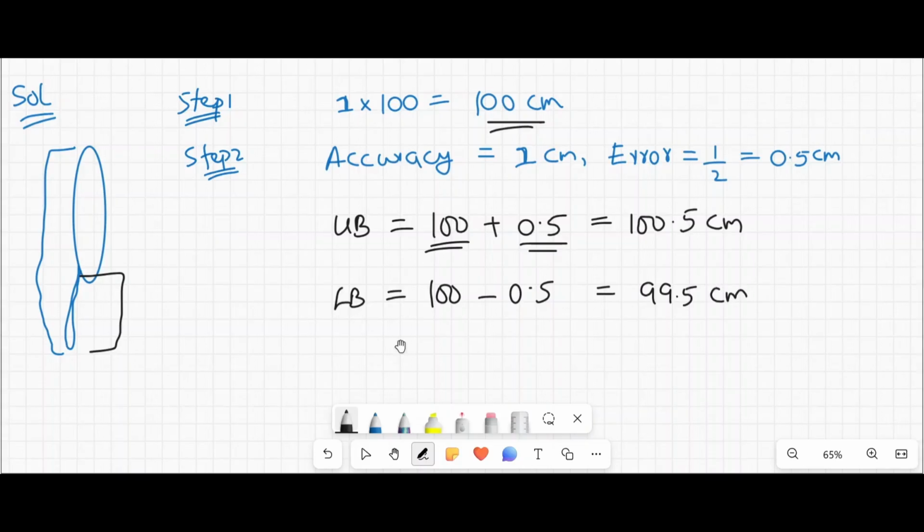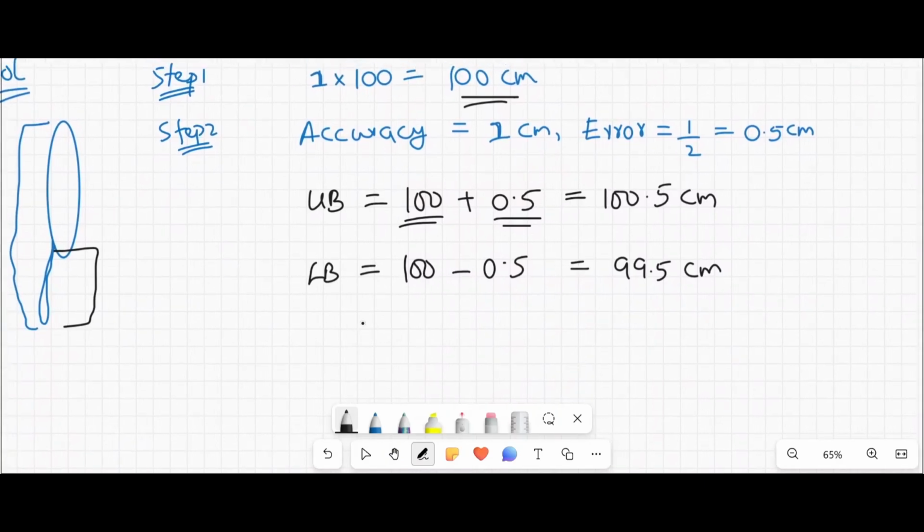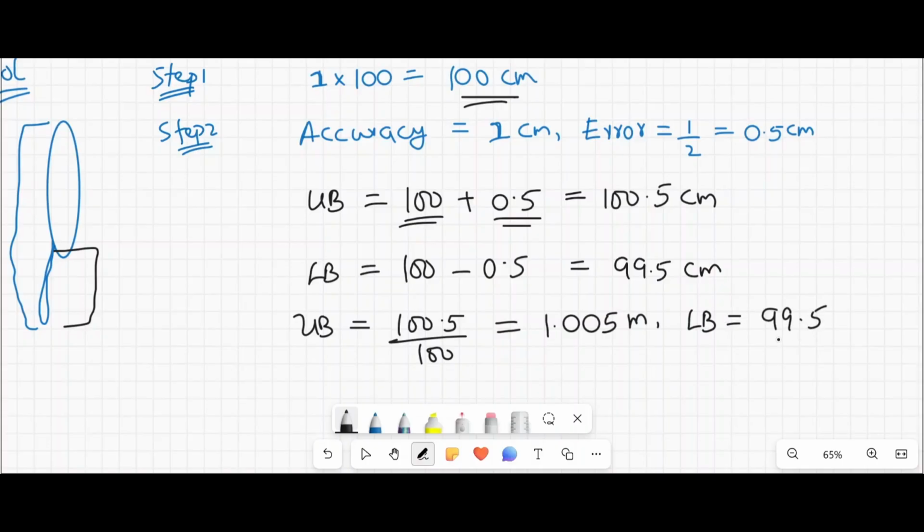Now we are converting into meters. The upper bound is 100.5 divided by 100, you will get 1.005 meters, and the lower bound is 99.5 divided by 100, you will get 0.995 meters.